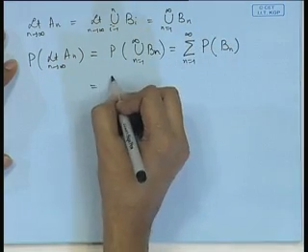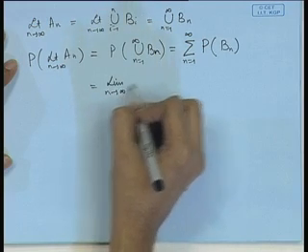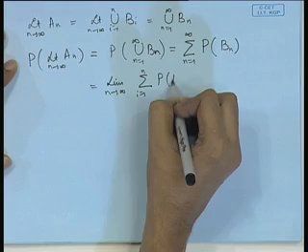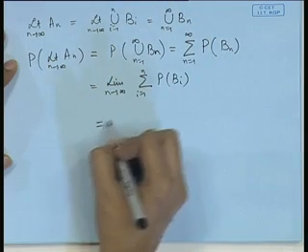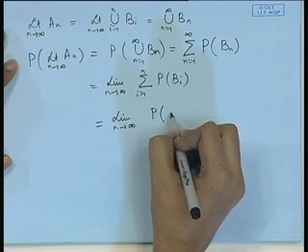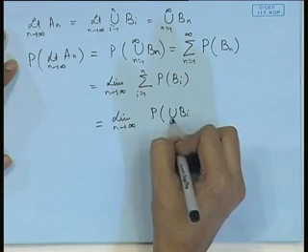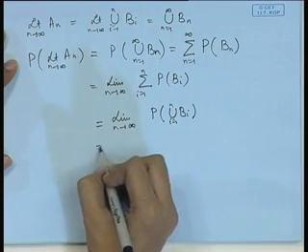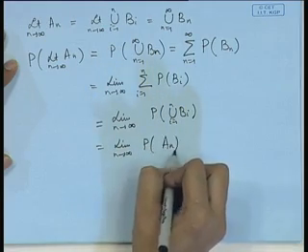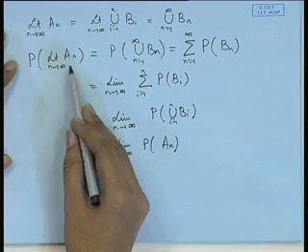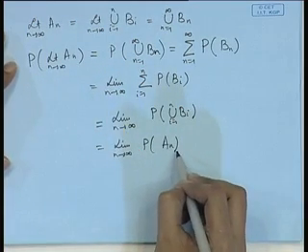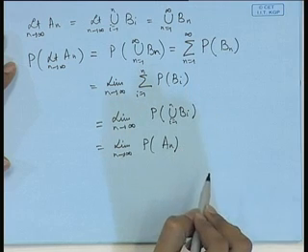Now, this we can write as limit as n tends to infinity of sum i equal to 1 to n probability of Bi, which we can write as probability of union of Bi, i equal to 1 to n, which is equal to limit as n tends to infinity probability of An. So, thus we have proved that probability of a limit of a monotonic sequence of sets is equal to limit of the probability of the sequence of the sets.